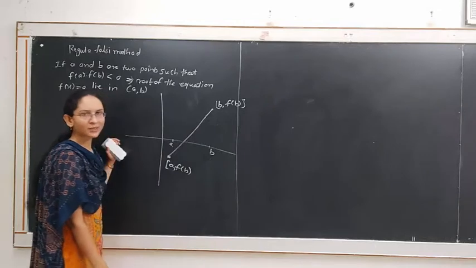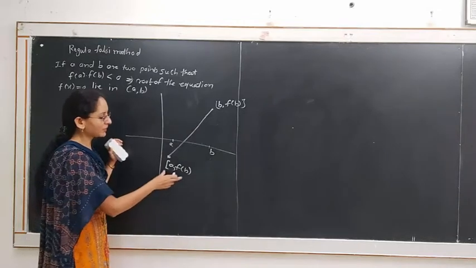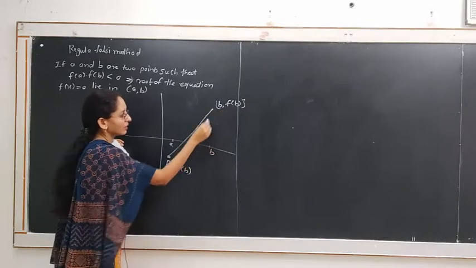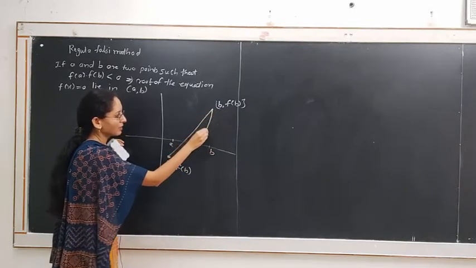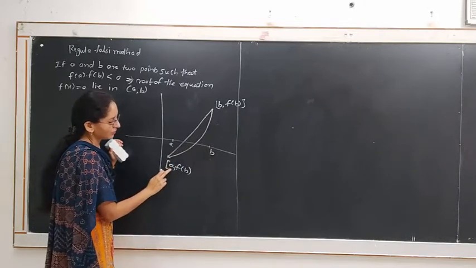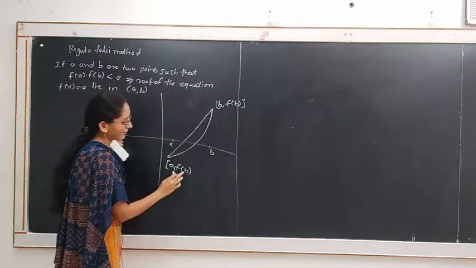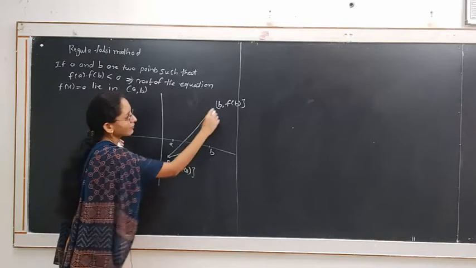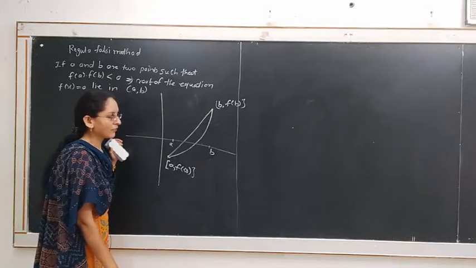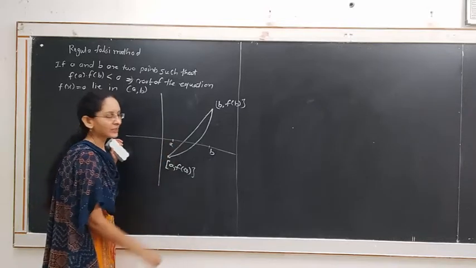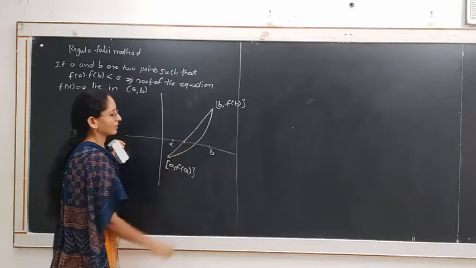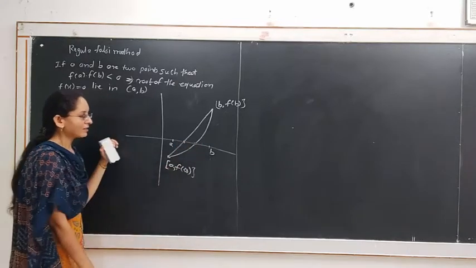In the regula falsi method, we replace the portion between these two points by a chord joining them. In the next step, we take the intersection of the chord with the x-axis.